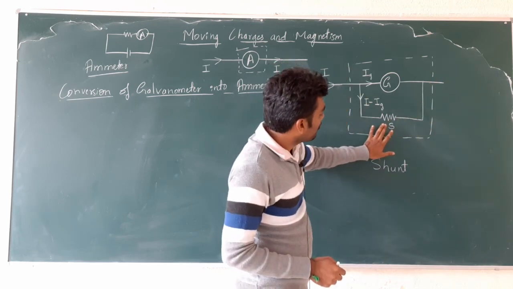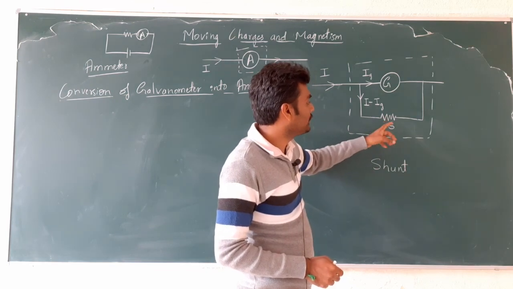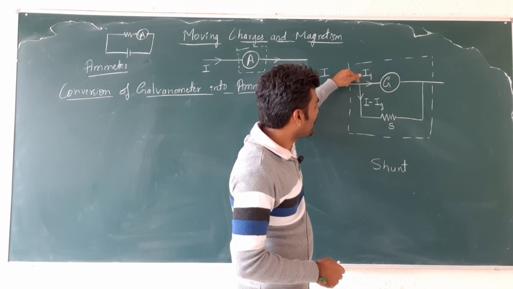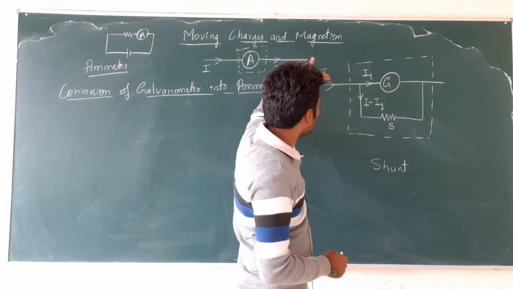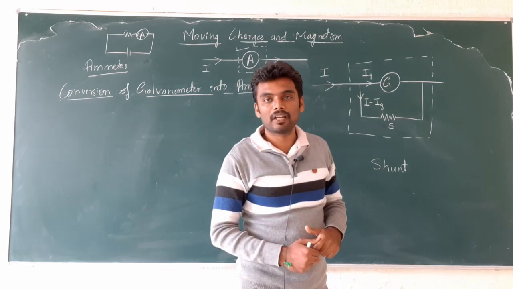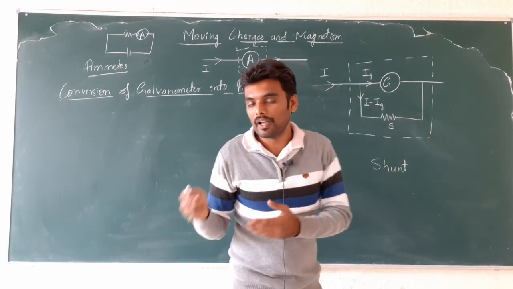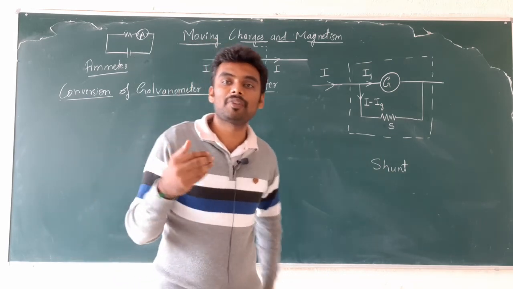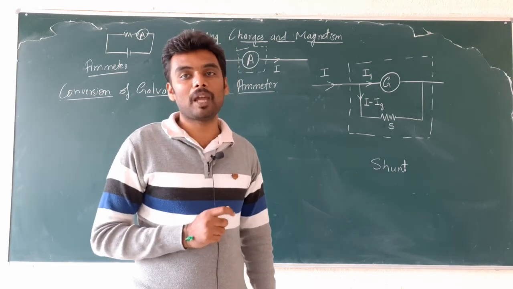So now, if this resistance is of higher value, then what happens is most of the current in the circuit. See, the main current in the circuit is I, and we don't want too much current in the galvanometer, right? Because as you observe now, the galvanometer that we have can measure only 0.6 milliampere of current.